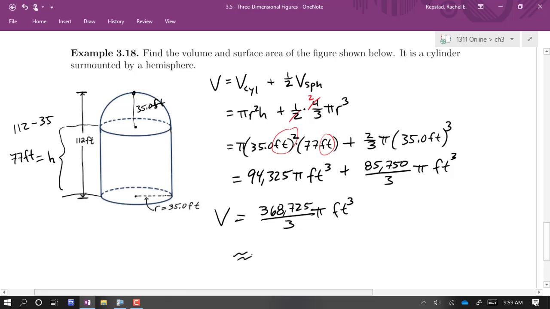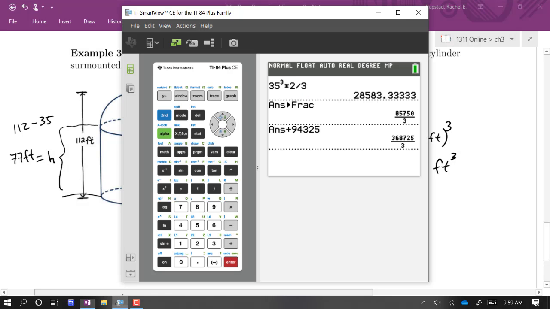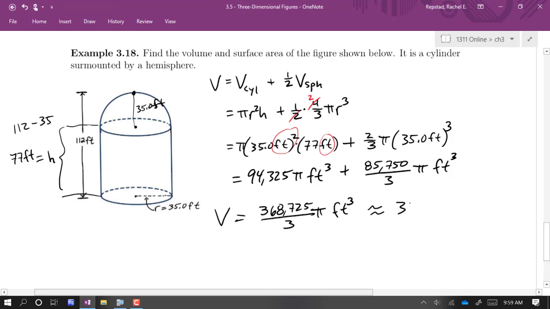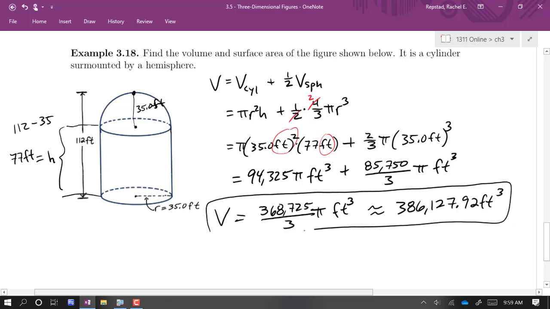And then of course I'm going to go ahead and approximate this. And we get 386,127.92. All right, so that's the first phase of this problem done. They asked us to find the volume, so that's done.